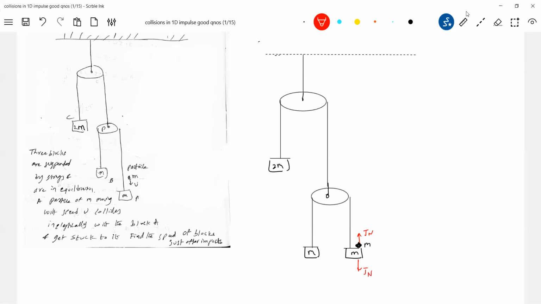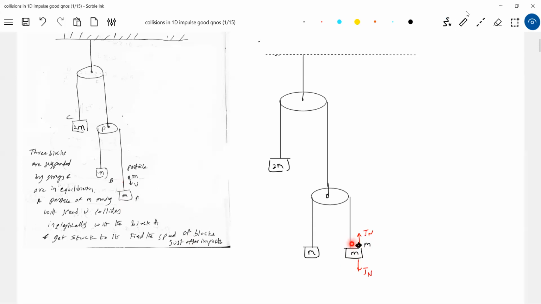What will this Jt do? It will increase the tension. Earlier, the tension was balancing the weight. Now, when the particle collides, we know the normal contact will be very large. I gave one problem on this also. Suddenly the tension increases from mg to a very high value.